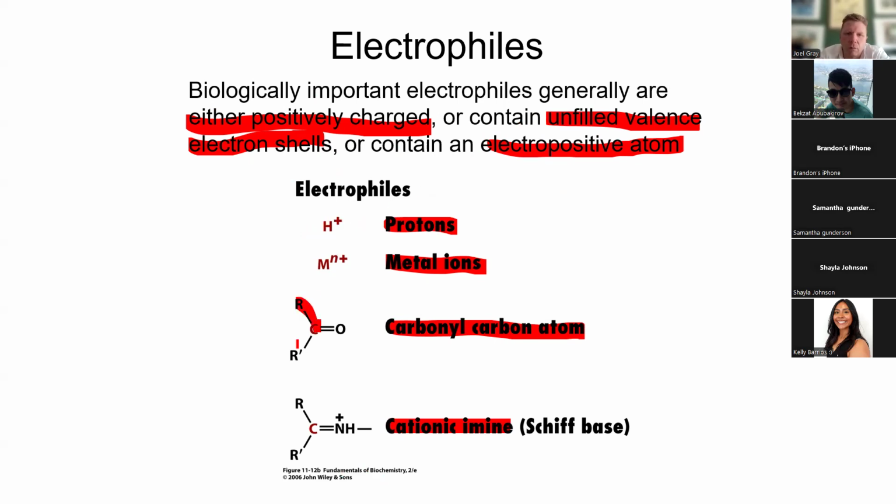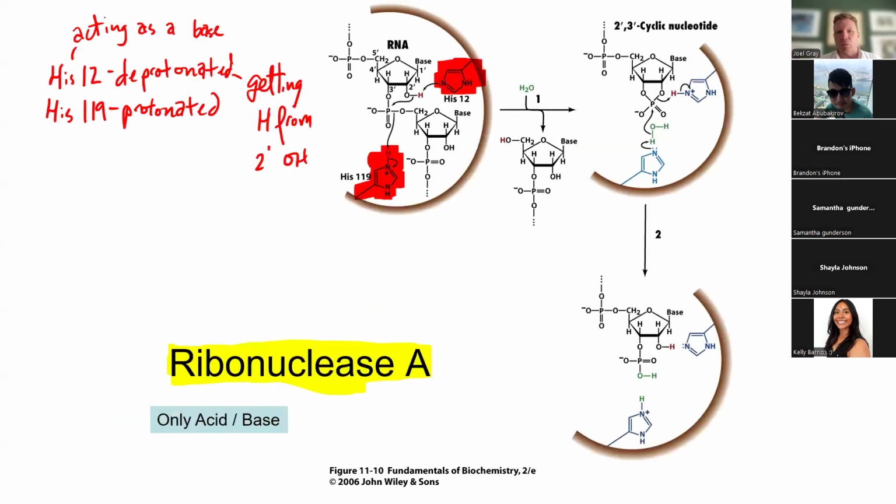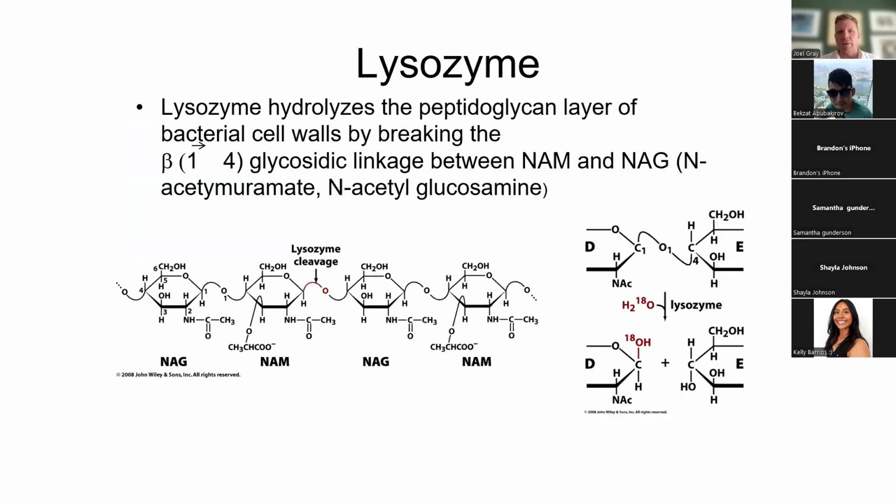So we're looking at a carbonyl carbon. Aldehydes and ketones love to do that. Protons and metal ions are also good candidates. But when we talk about metal ions, it's important that you're not venturing too far into metal ion catalysis, which we will come back to.